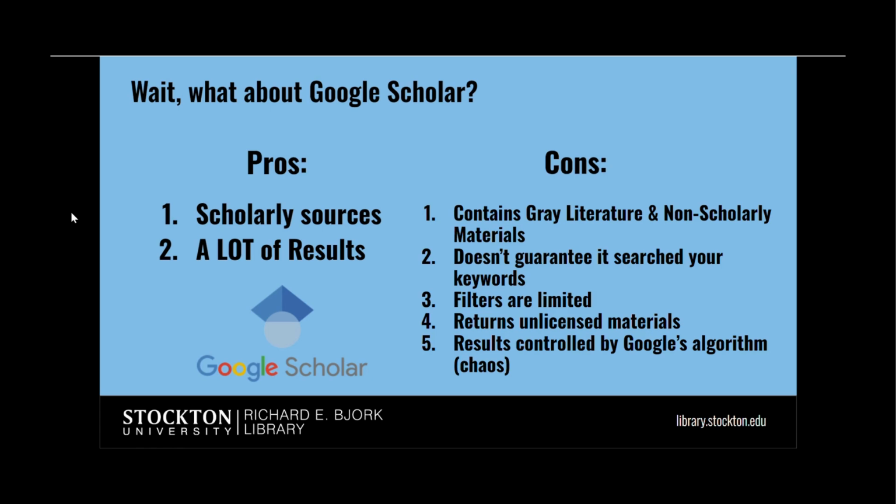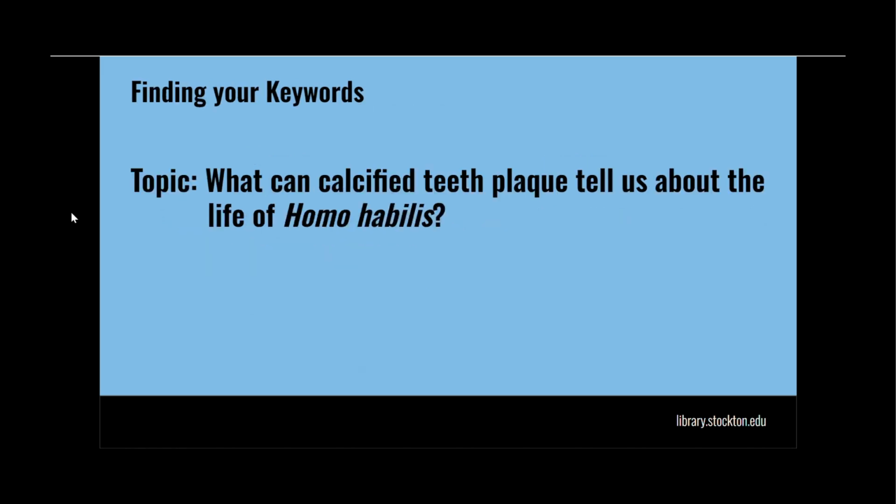That's when Interlibrary Loan would be a really helpful service to you if you really needed that article. Also, the results are controlled by Google's algorithm. So again, if I search something on Google Scholar and you search something on Google Scholar, our results are going to be very different, and that is not useful to us as researchers.